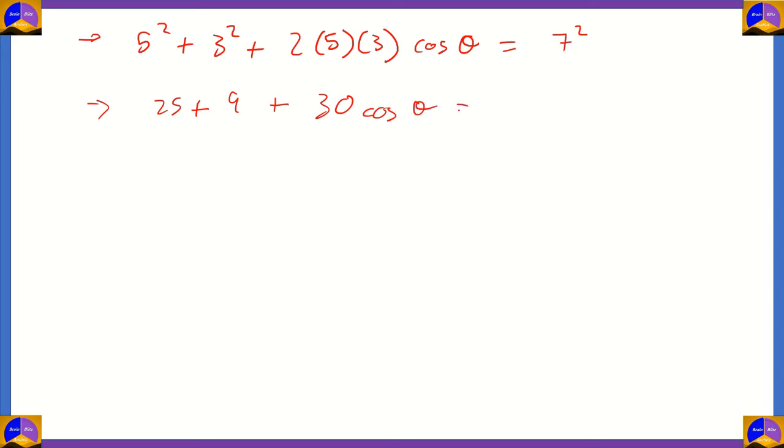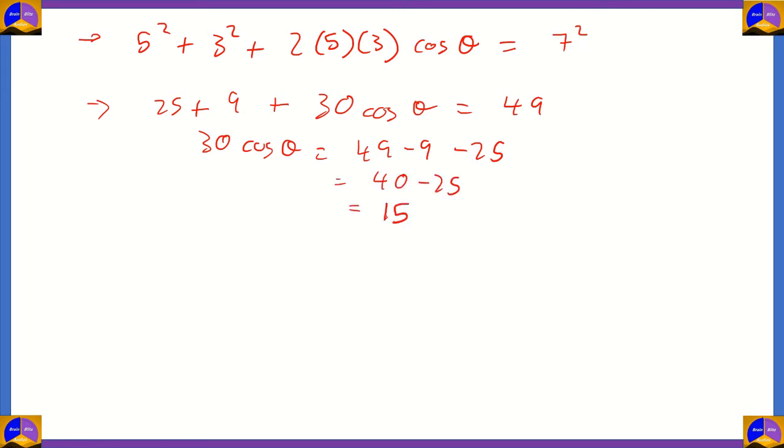So now 30 cos theta will be equal to 49 minus 9 minus 25. So 49 minus 9 is 40, 40 minus 25 is equal to 15. So 30 cos theta equals 15, so that means cos theta equals 15 by 30.